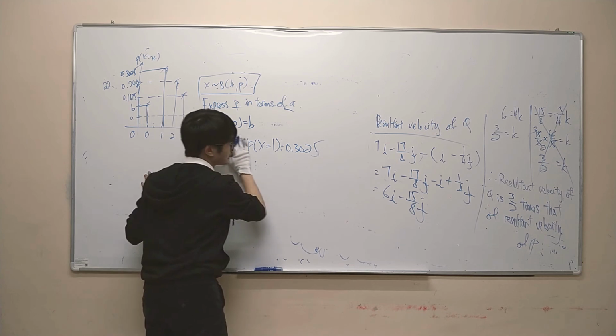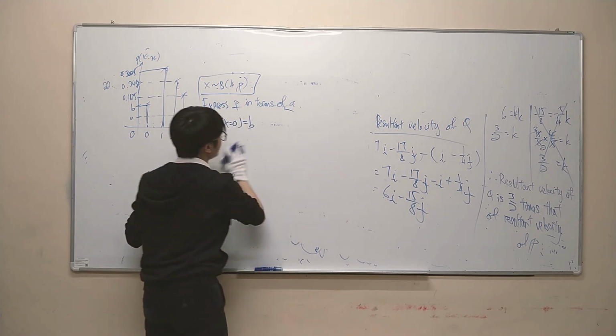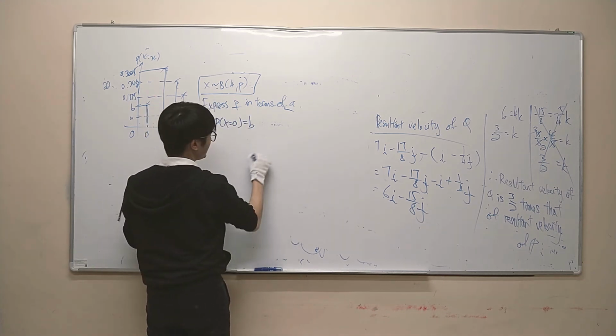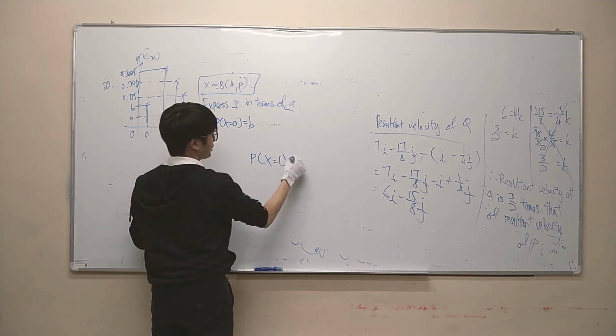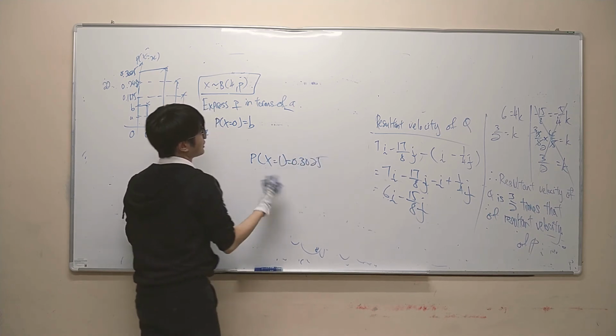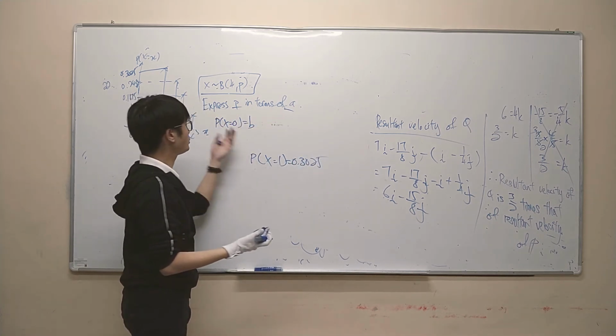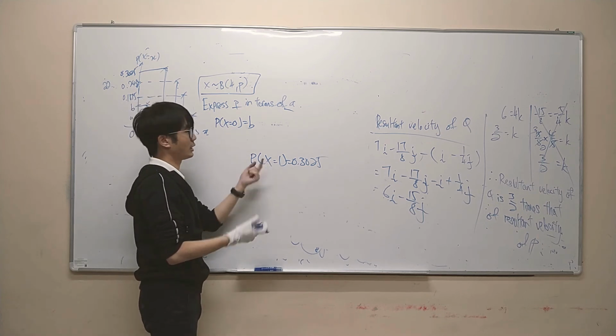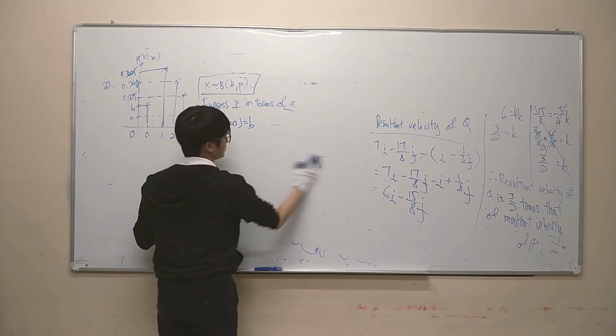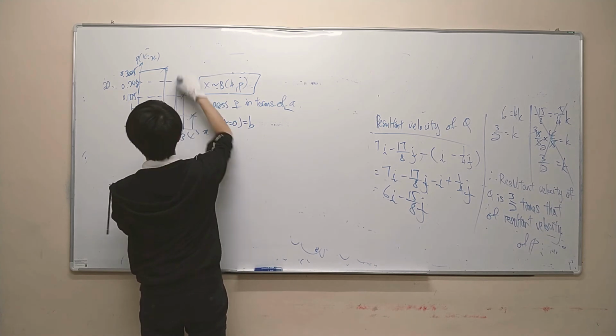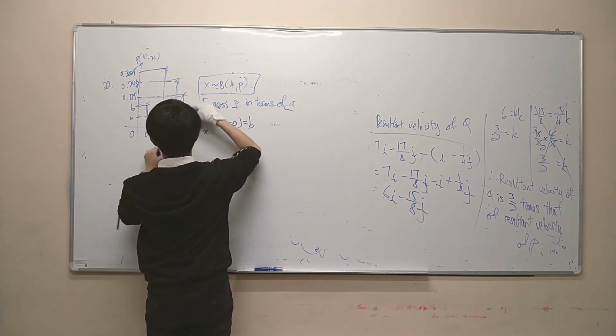But I will not write this. I will erase this. Why? Because this one, how you want to do? Because they want to express P in terms of A, your equation has to have at least an unknown. So this one you won't write. This one also you won't write. Okay, this one you can write.